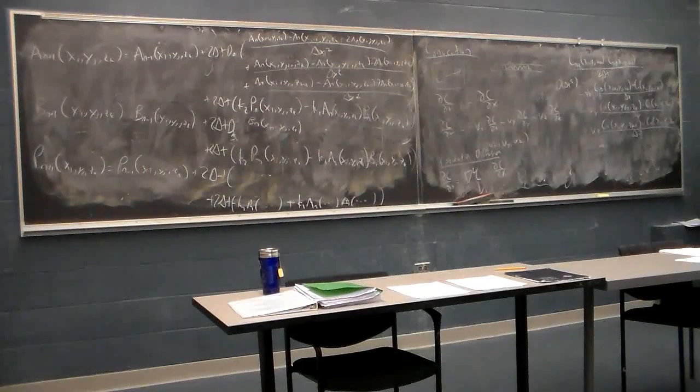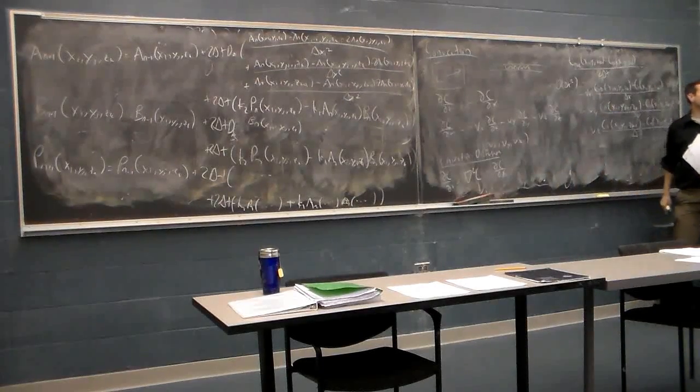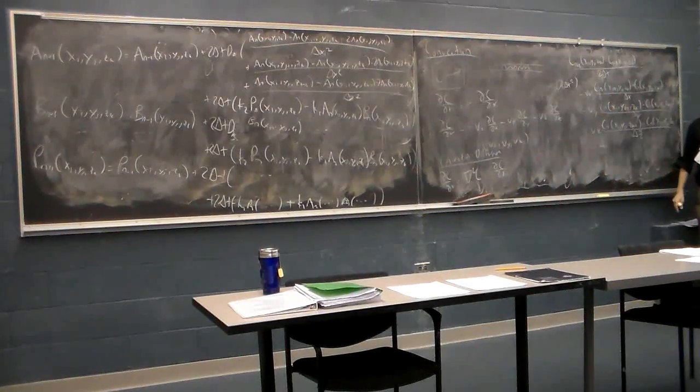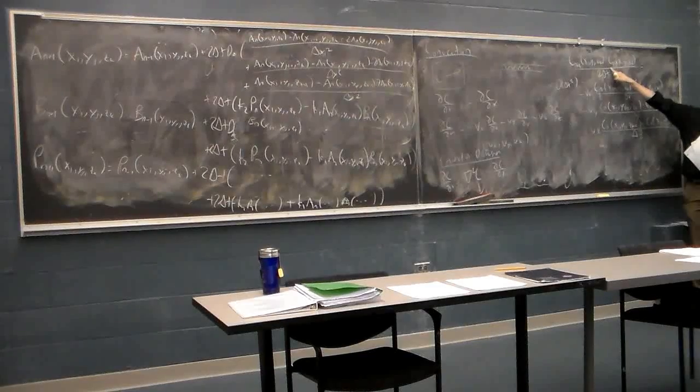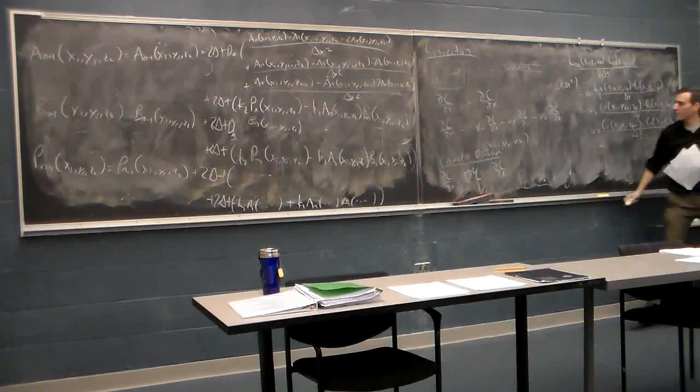I'm going to claim we already know how to do a second order accurate approximation of the first derivative. Well, that's exactly what the leapfrog scheme is. So this is a second order accurate approximation of the first derivative, and we can use the same thing here.